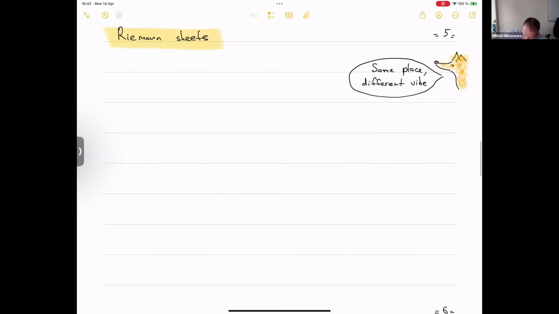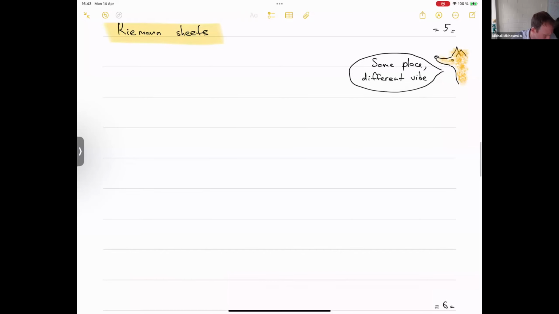Let's move further, and let me introduce the Riemann sheets. What we've seen before is that any complex function is defined in the complex plane up to singularities.